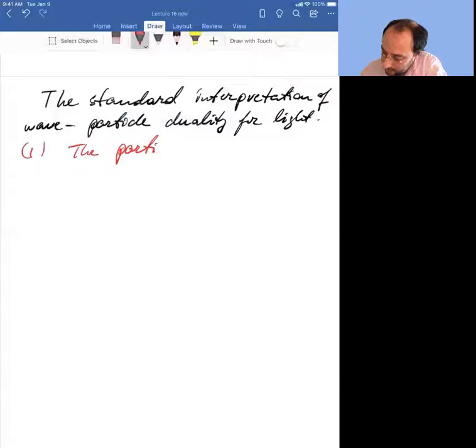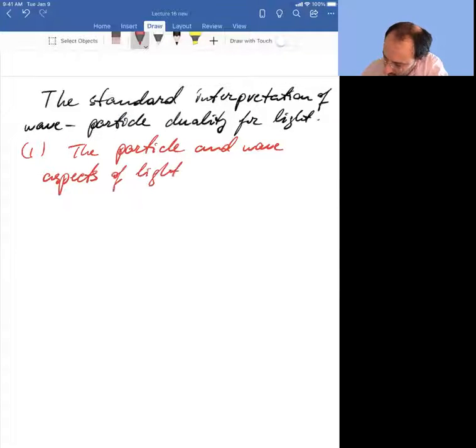That's the duality. So in other words, light behaves simultaneously like a wave and like a flux of particles.